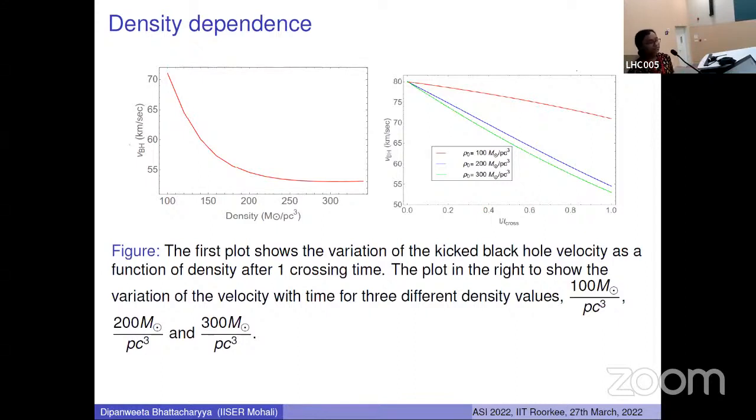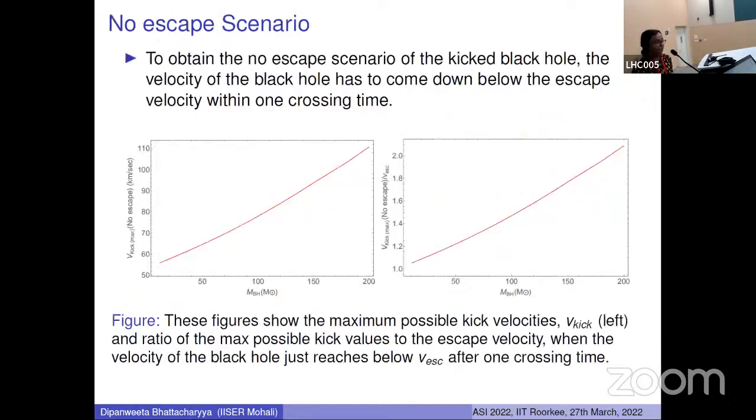The second one is the plot of velocity as a function of time for three different density values. For higher density, the velocity goes down quite early, which is obvious because the higher the density, the higher the dynamical friction, so the velocity will decrease earlier. These three are done for 100 to 300 solar mass per parsec cube. Typically, the central density of globular clusters is around 100 to 1000 solar mass per parsec cube, so we are taking these three values for our calculation.